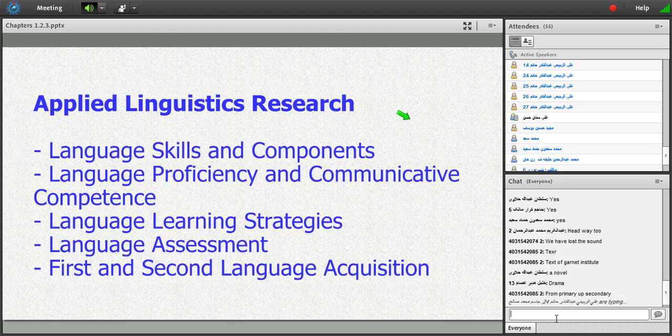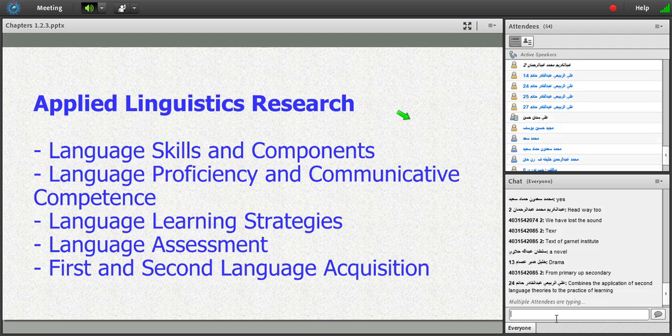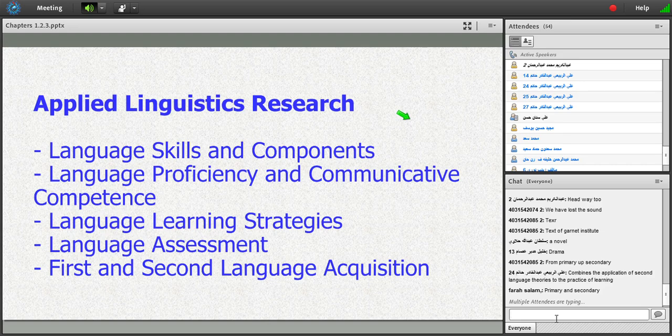From primary up to secondary. Drama you teach, okay. Second language theories. Mr. Ali Rabi wrote about applied linguistics. Okay, thank you very much.